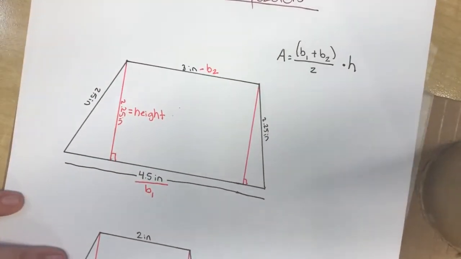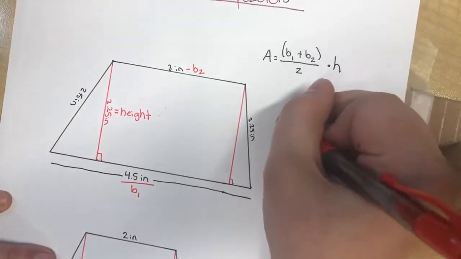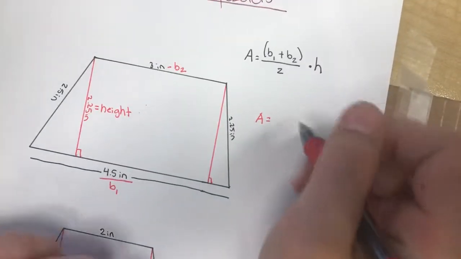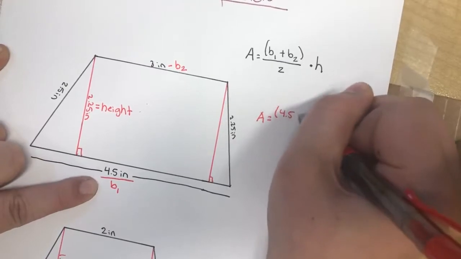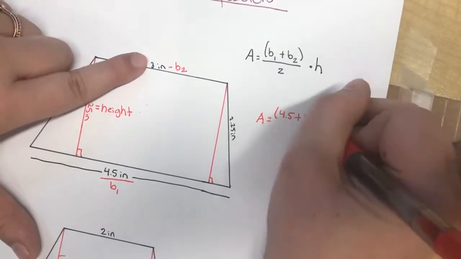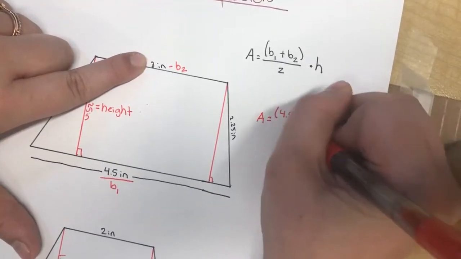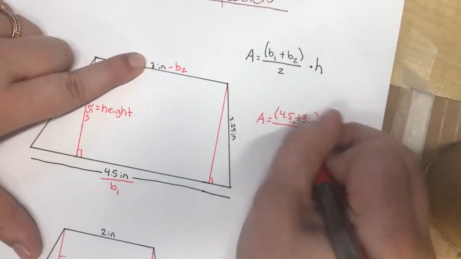Okay, so let's plug that into our formula. Area equals base 1, which is 4.5, plus base 2, which is 3 inches. Don't want to forget my units there.